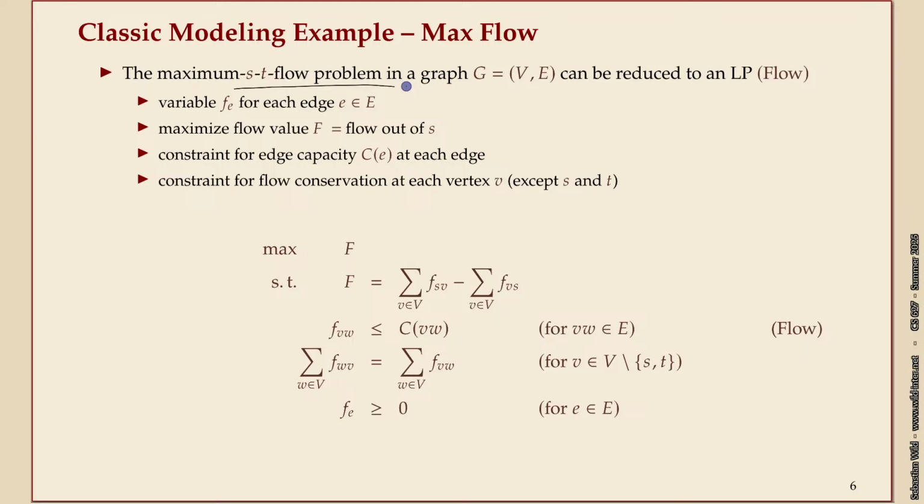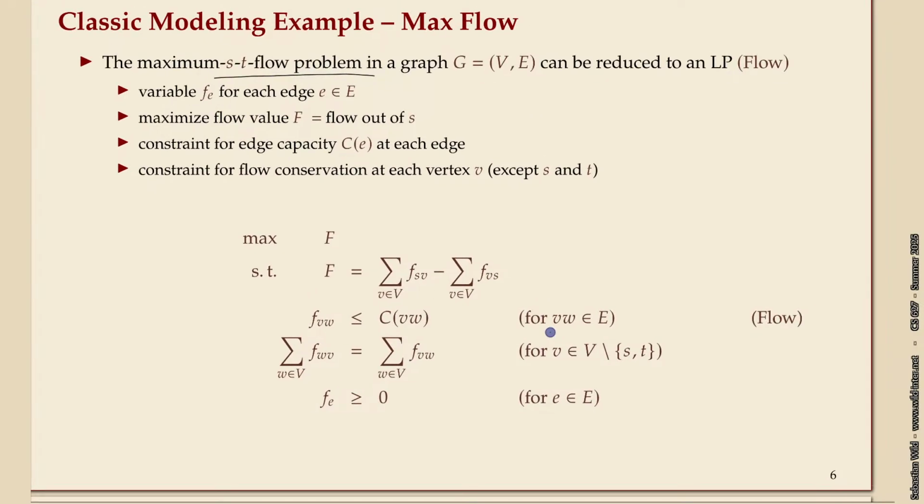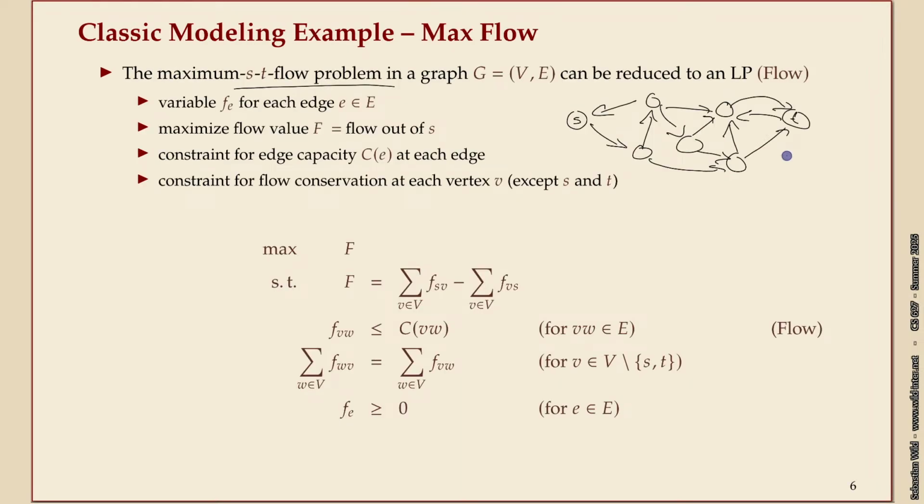If you haven't seen this, the problem is: given a graph with some vertices singled out, S and T. In general this is a directed graph, so it could be arbitrary. Think of these as directed pipes or streets with a certain capacity. The capacities just tell you how much flow you can send across an edge. I'm not going to write these down. The question is, how much flow can you get out of S and into T?